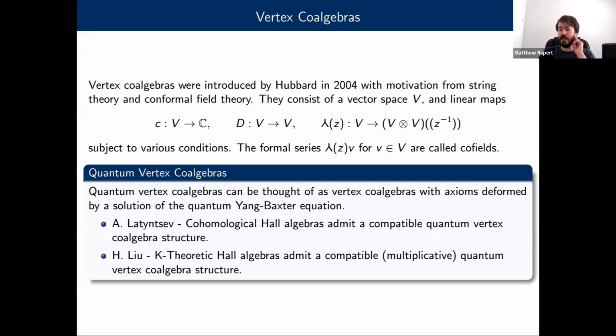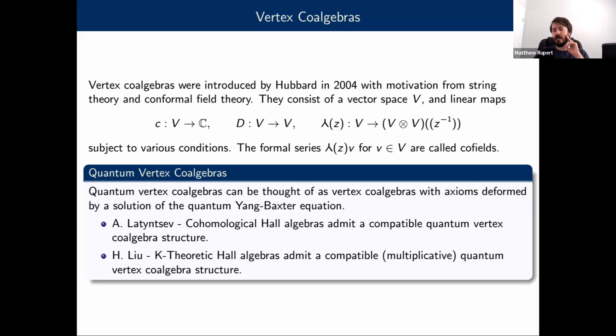And by this, I mean they're quantum vertex coalgebras where the state cofield correspondence is actually an algebra homomorphism. And in 2023, Henry Liu showed that K-theoretic Hall algebras admit compatible quantum vertex coalgebra structures as well. But here they have a multiplicative solution of the quantum Yang-Baxter equation rather than an additive one. And so some of the other axioms change as well, but not too much.